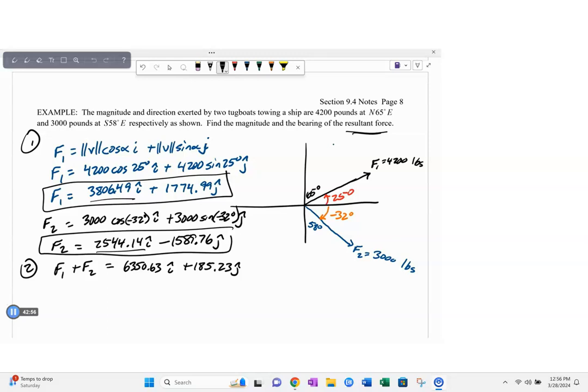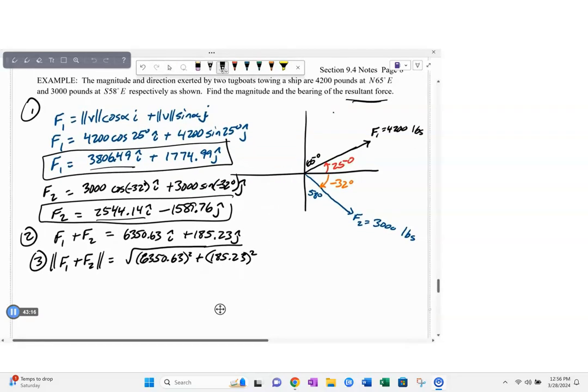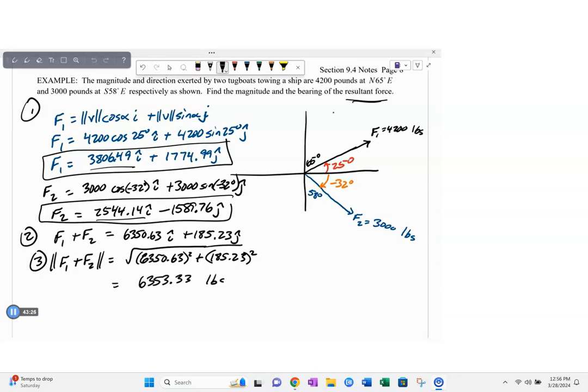Now let's find its magnitude. So square root of a squared plus b squared, with a as 6350.63. This will end up being 6353.33 pounds. So that's the length of the resultant vector.